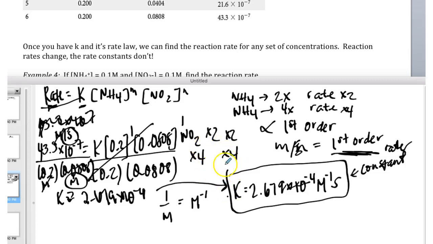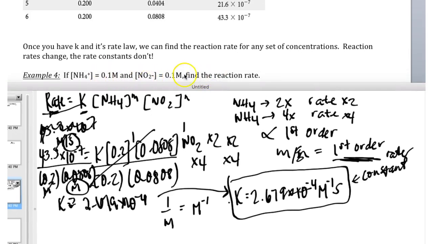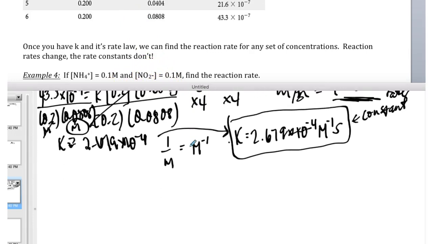But I'm not done yet. I don't want the rate constant. I want the reaction rate of these two numbers that are not in this chart. So now I could use another rate law. So we're going to start another rate law.